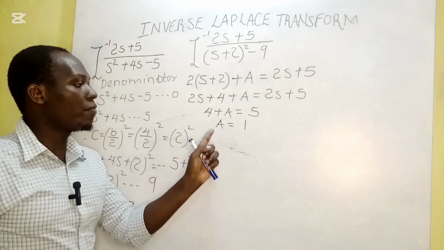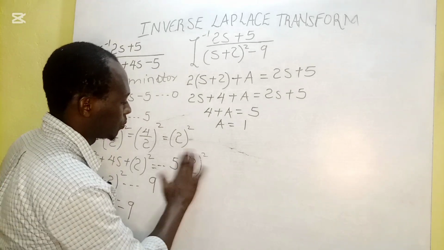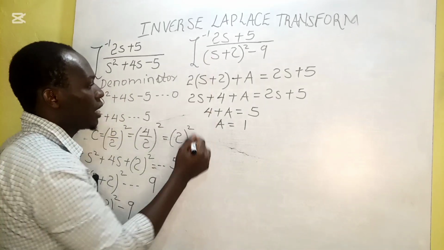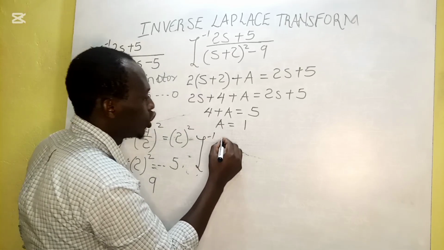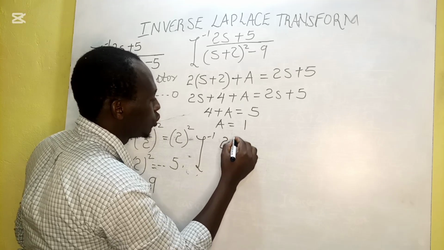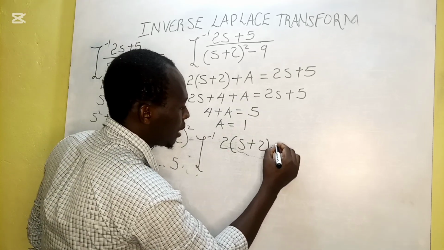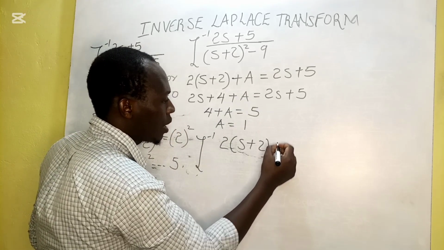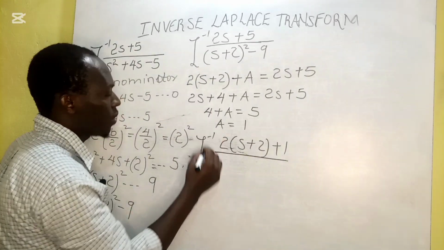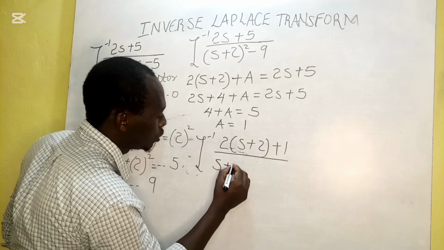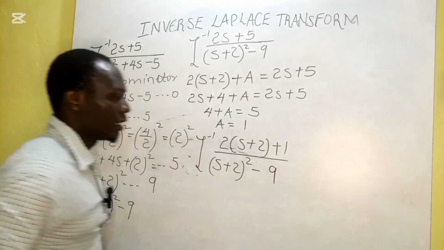Now, we are having the value of a, and we can rewrite now the numerator to be the inverse Laplace transform of 2 into s plus 2, we come and add a, whereby now our a is a positive 1, all over s plus 2 squared, we come and subtract 9.